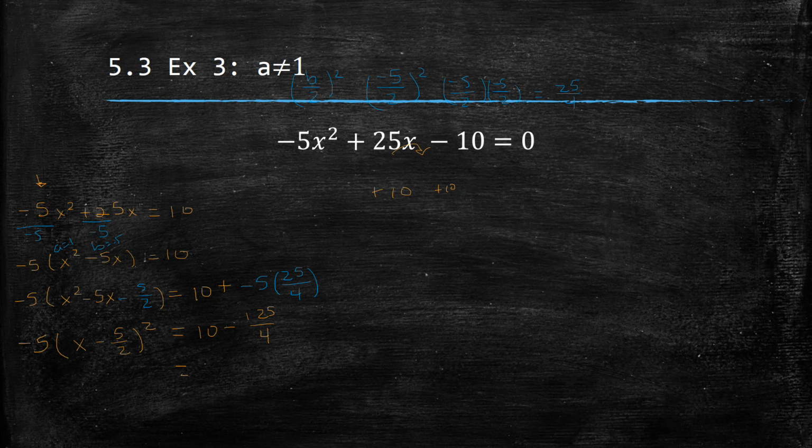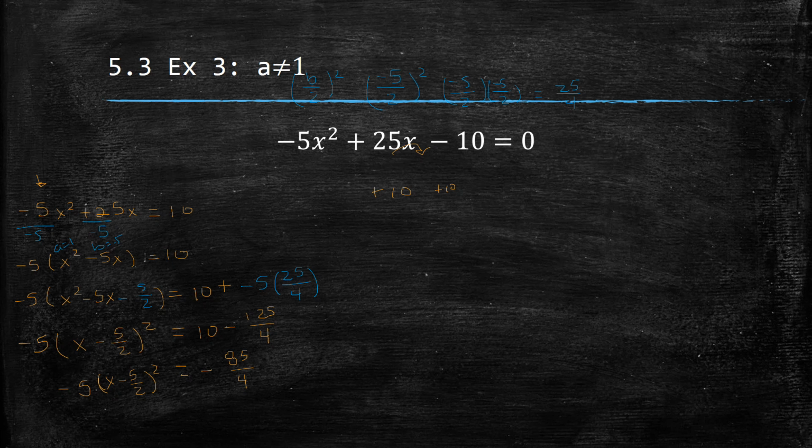So we'll keep simplifying. So 10 minus 125 over 4 is going to give you negative 85 over 4. If you're confused, just plug it in a calculator, or you can solve it longhand.